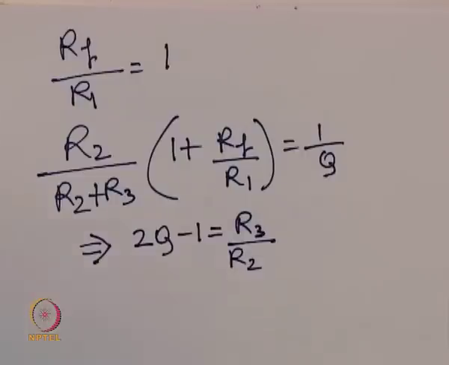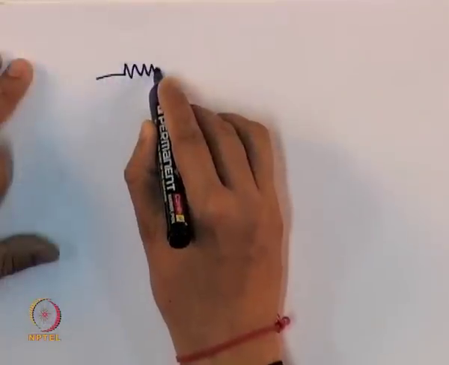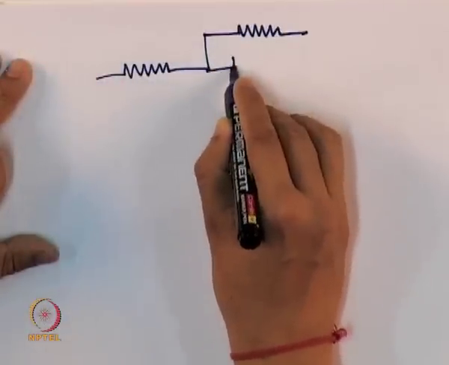Now, one circuit that I did not mention, which is frequently used for gain control in an active filter, is what is called a buffer amplifier. We have already studied buffer amplifiers while studying non-inverting op-amps. A simple buffer amplifier is like this.